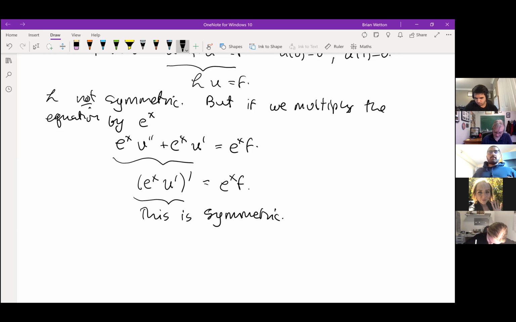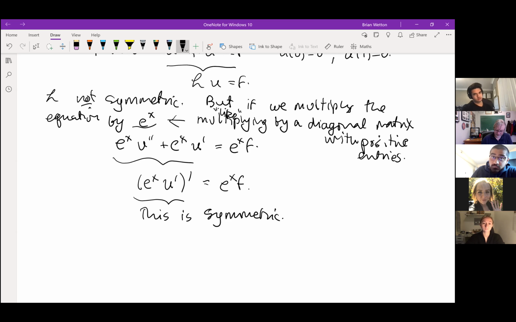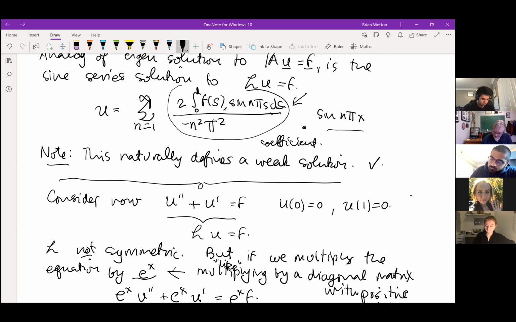And multiplying the equation by e to the x is like multiplying by a diagonal matrix with positive entries. So if you look at this problem, there's a number in the notes, but I'll just call it star.